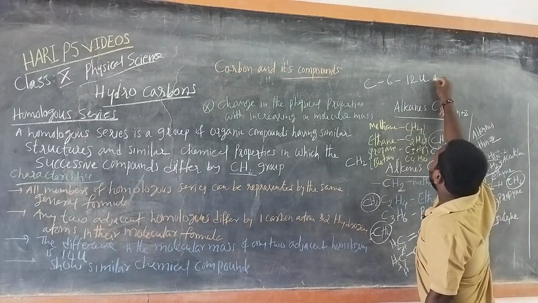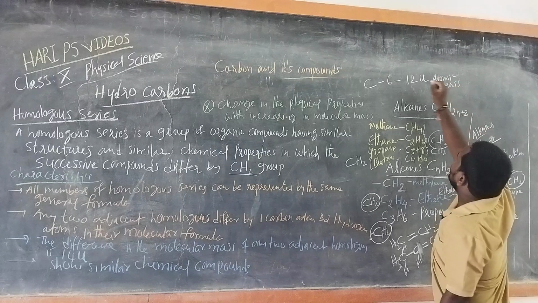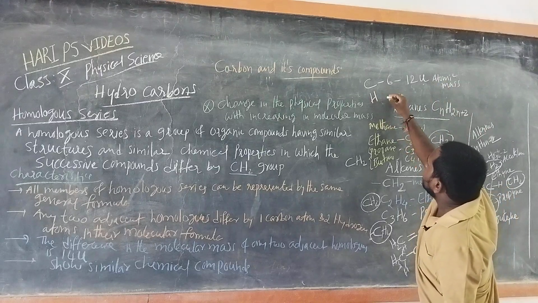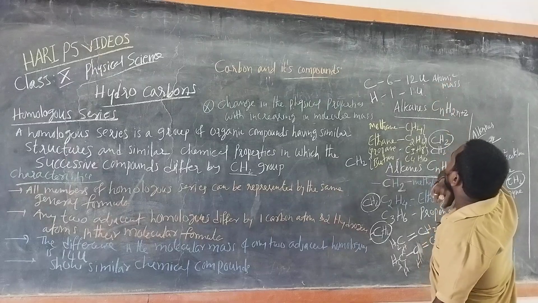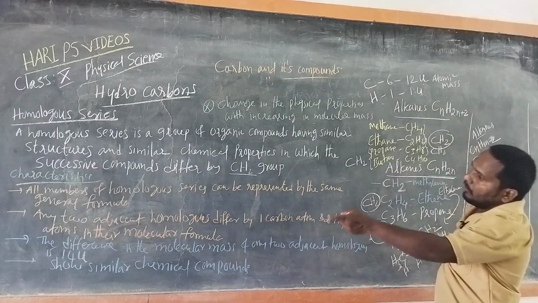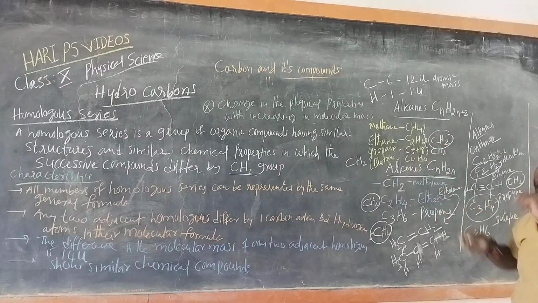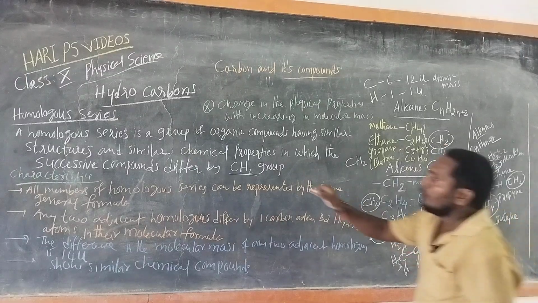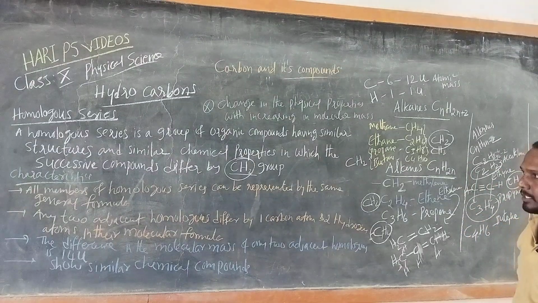Hydrogen's atomic mass is 1 unit. So adjacent homologues differ by 1 CH2 group.